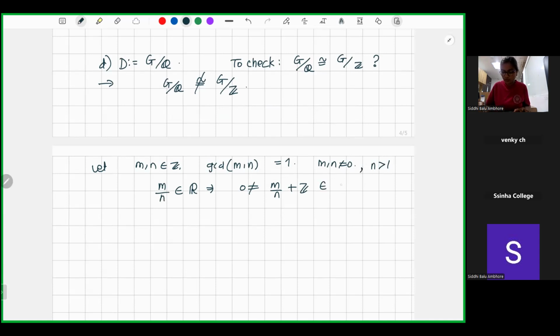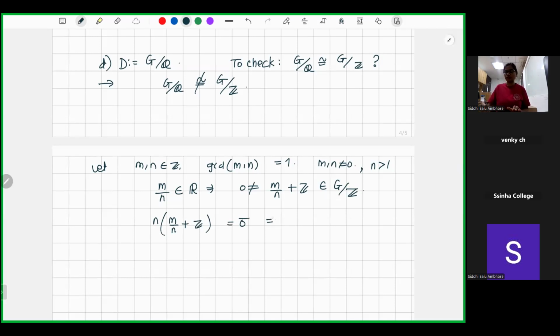This belongs to G quotiented by Z. And this element has order n, right? n times m by n plus Z is 0 bar.